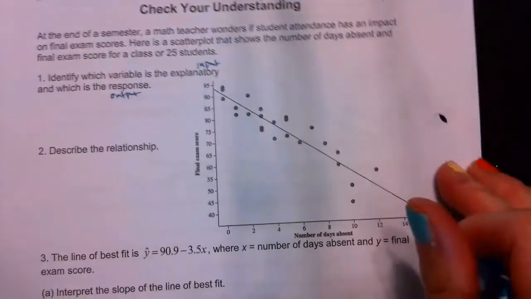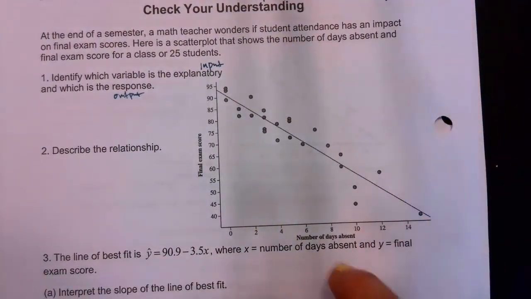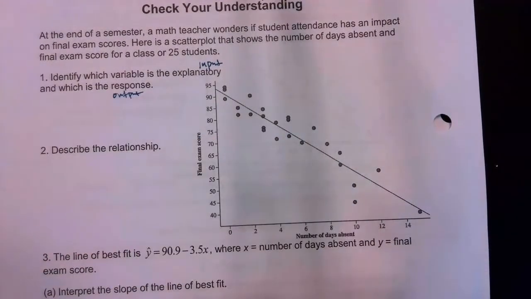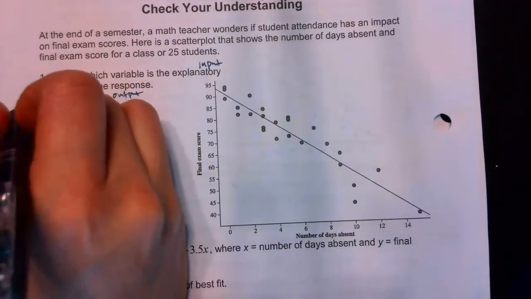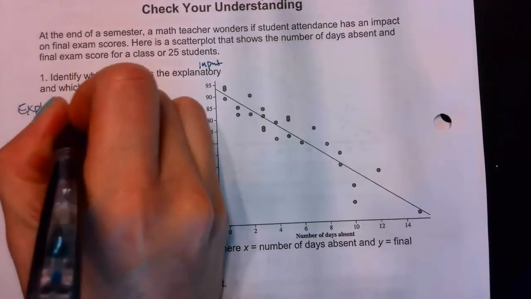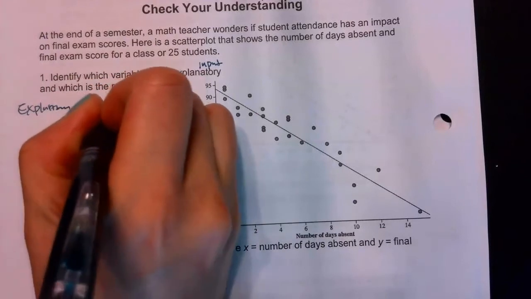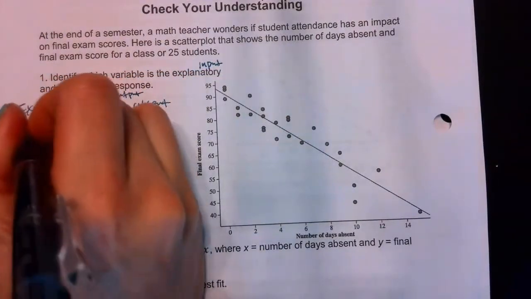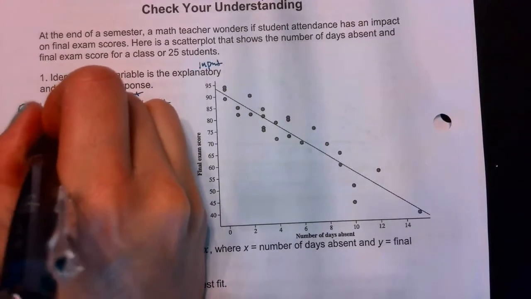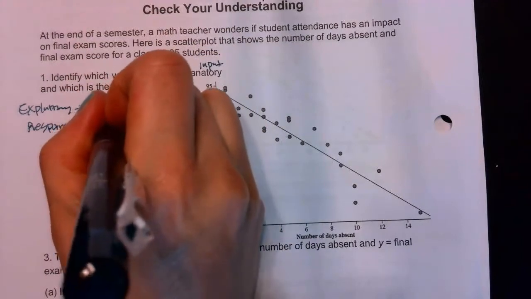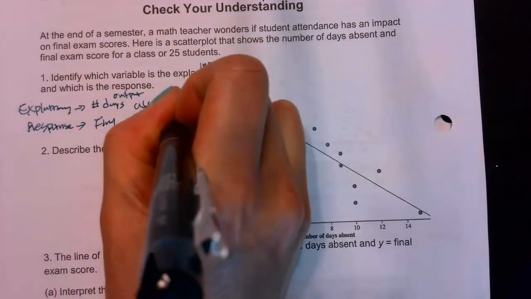So what is this teacher trying to figure out? Depending on the number of days absent, what will the final exam score be? In other words, the explanatory variable is the number of days absent, and the response variable, which is the y value, is the final exam score.